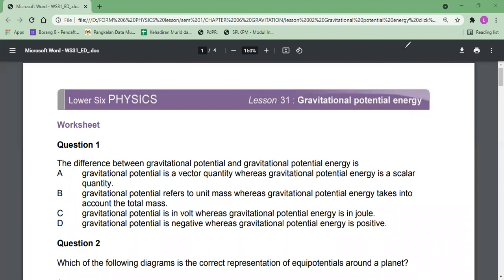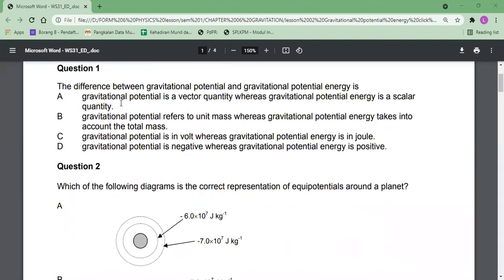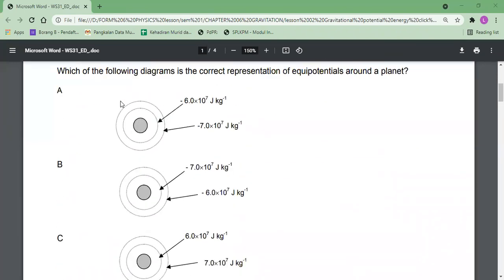Okay, next we go to question number 2. Which of the following diagrams is the correct representation of equal potential around a planet? The magnitude will be bigger when it's nearer to the surface of the Earth. The further the object, the smaller the magnitude.